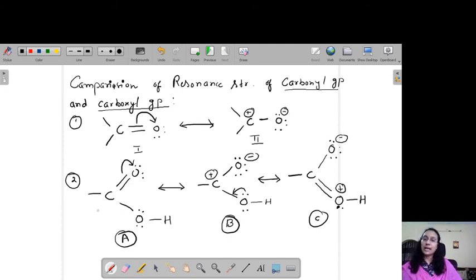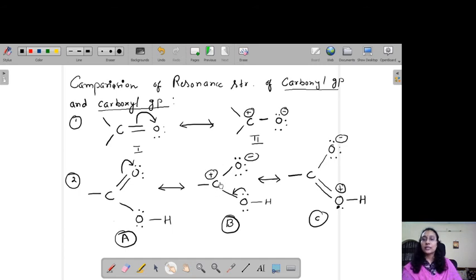Here we can see that in both the structures, that is structure A and structure C, the carbon atom and the 2 oxygen atoms have 8 electrons in their respective valence shell. Okay. While in structure B, the carbon atom has only 6 electrons.